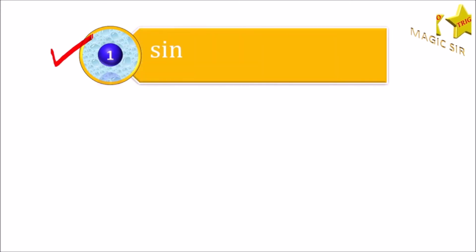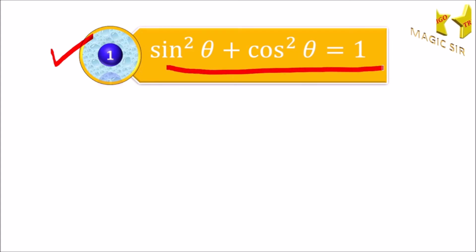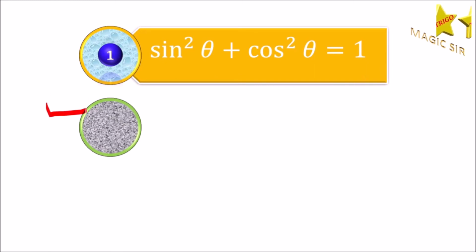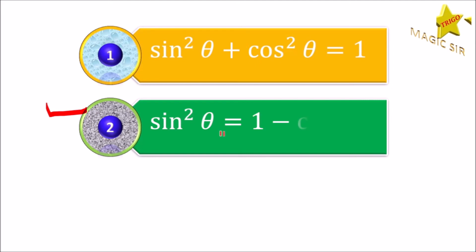Let us recall the trigonometric identity which we have learned today. First identity, sin square theta plus cos square theta equal to 1. Sometimes we have to use sin square theta or cos square theta to solve the example.